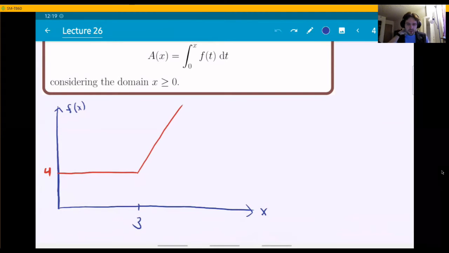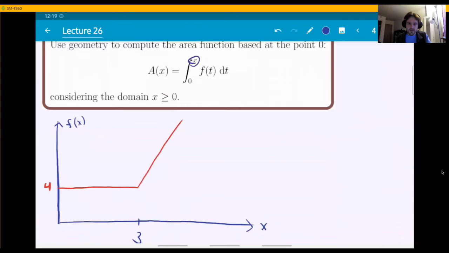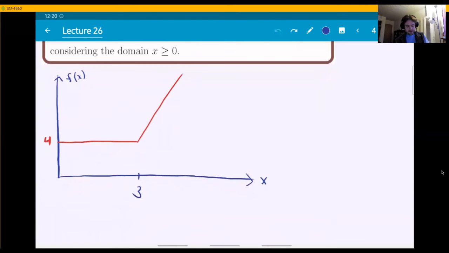The only difference between this problem and the types of problems that we already did is that before we would have just some number up here, like the number 2, and I would ask, what is this area? It's going to be a number. This time I have an x, and I want you to write this as an expression of x, so it gives you a function. What is the idea? Imagine your x is going to be some number larger than 0.